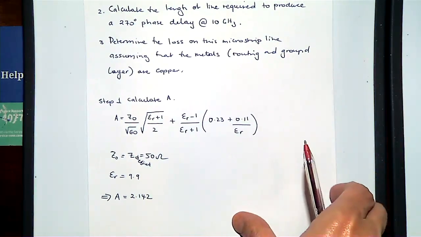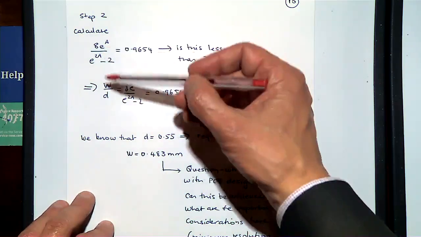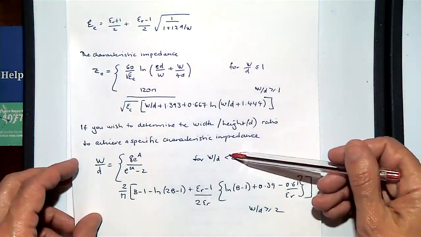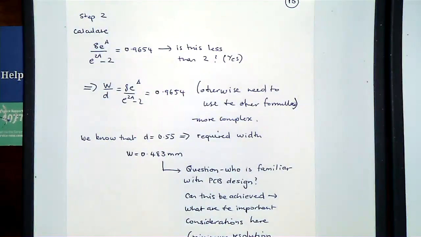Great. And then in step 2, if you remember the process, we needed to calculate W and D. And remember, we said that W on D depended on whether it was less than 2 or greater than 2. In this particular case, let's assume that it's less than 2, do the calculation, and then if the answer turns out to be correct, then we'll say, yes, it is.